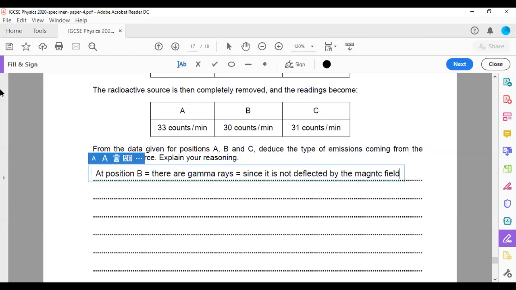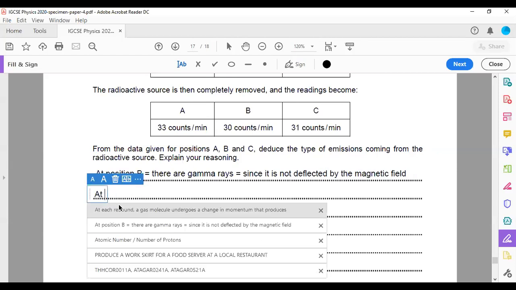Remember gamma rays, if we go back, are the rays that are not affected by electric field or magnetic field. Good. So that is position B.